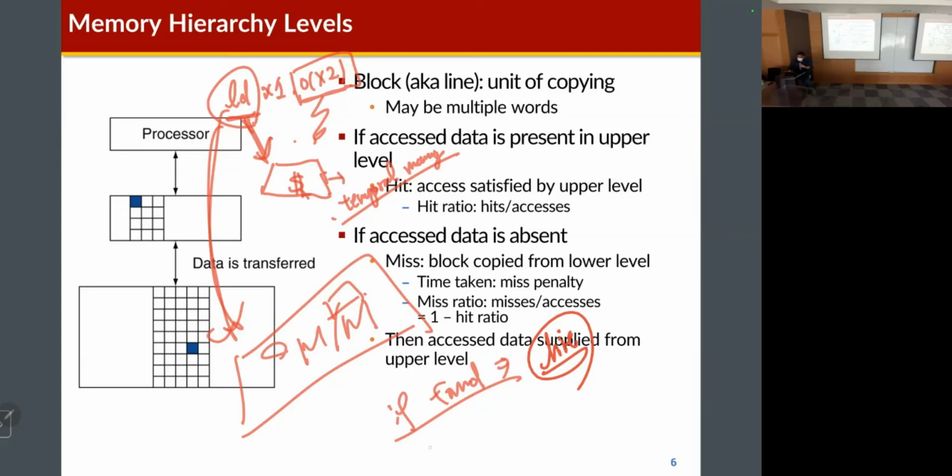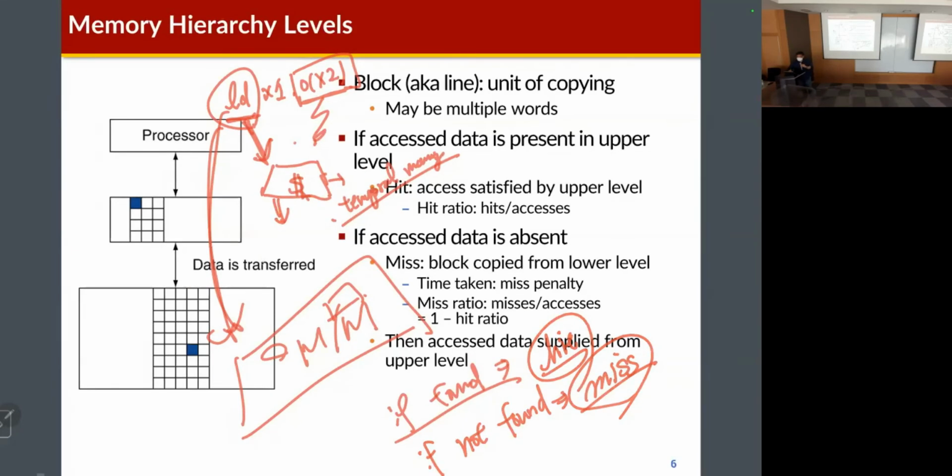And then another event is if not found. This event is called a miss. If the required data is not found in the cache, then the processor also needs to access the lower level cache, so lower level memory.